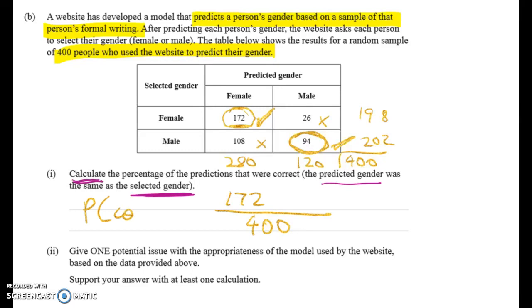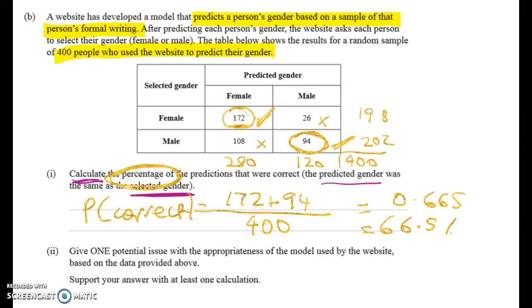We'll put some words in. Probability of correct equals 172 plus 94 over 400, which is 0.665. So you can leave it like that, or you could say it was 66.5%. Actually, you have to do that, or you should do that because it says percentage. Okay, so you need that. Right, on to the next bit.